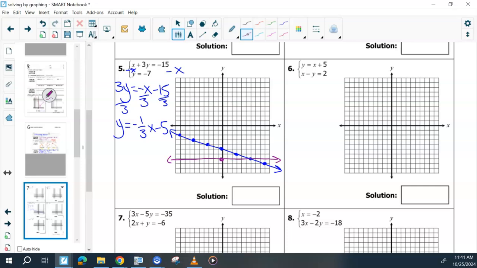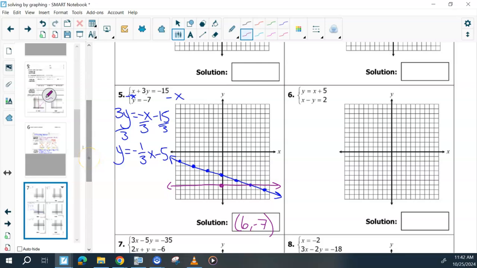Where do those two lines cross? Yes, because whatever the y value is was going to be 6. Do we have any questions so far?